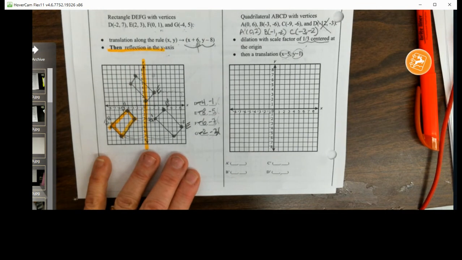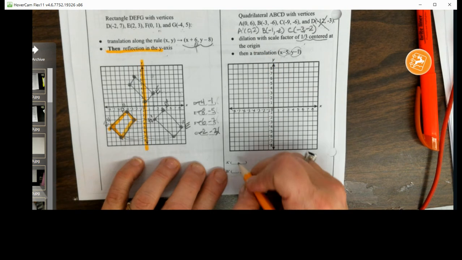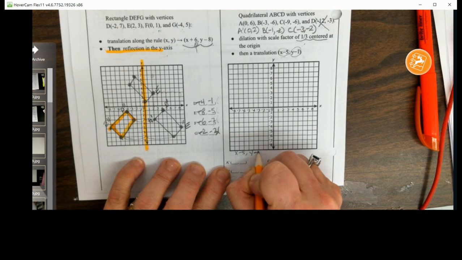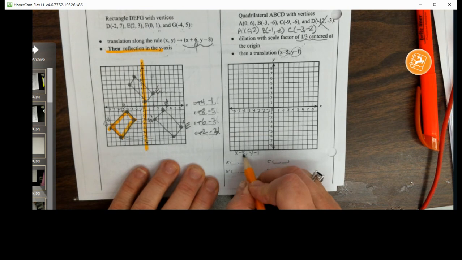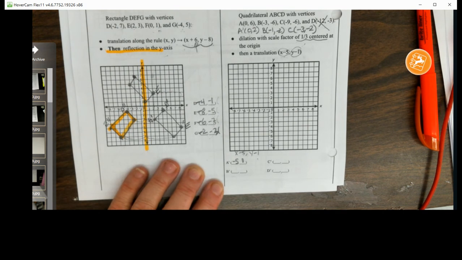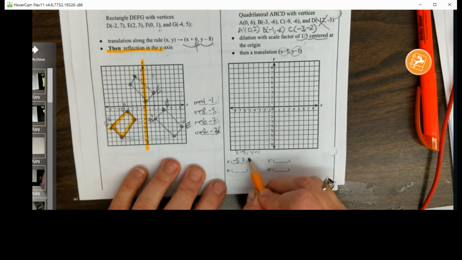Okay, I just want to do it so you could see it. With my A, it becomes, remember the rule is x minus 5, y minus 1. So my x value of 0, 2 becomes negative 5, 1. Okay? Because I took the 2 value and I subtracted 1.